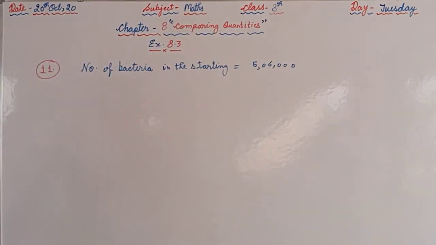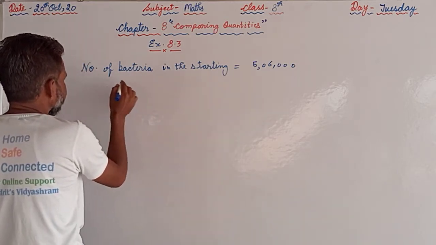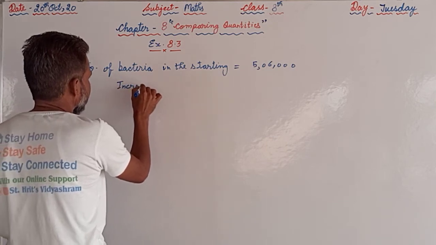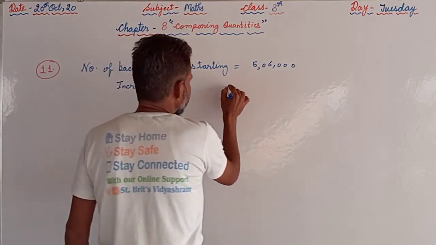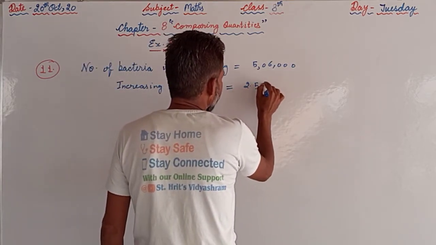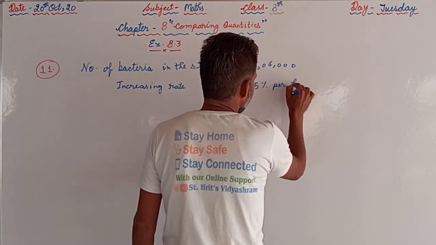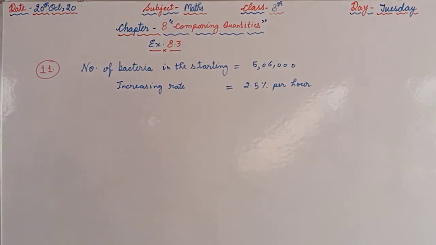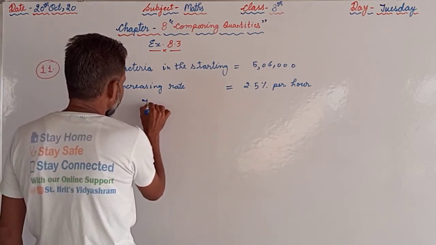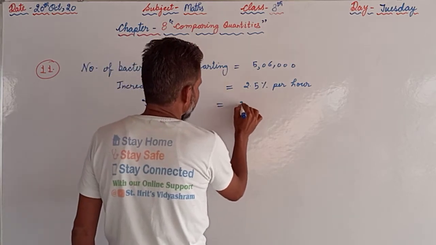Afterwards, during that experiment, the count of bacteria was increasing at the rate of, the increasing rate is 2.5% per hour, not per annum, that is per hour, and we are supposed to find the number of bacteria at the end of 2 hours. So how much time is given to us? Time given is 2 hours.